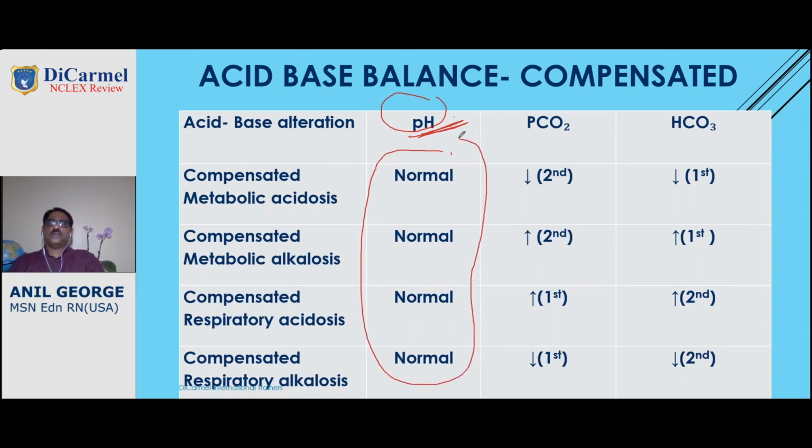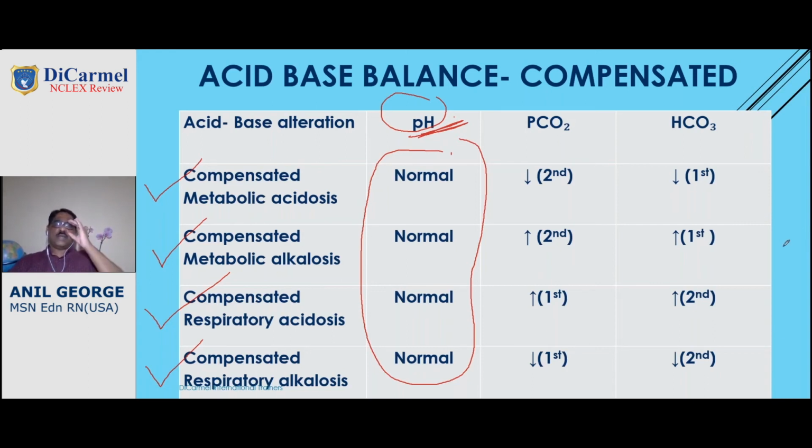So with all of those, the pH is normal. Which includes the first one, compensated metabolic acidosis, then compensated metabolic alkalosis, compensated respiratory acidosis, and compensated respiratory alkalosis. Those are the four conditions presented as compensated here.